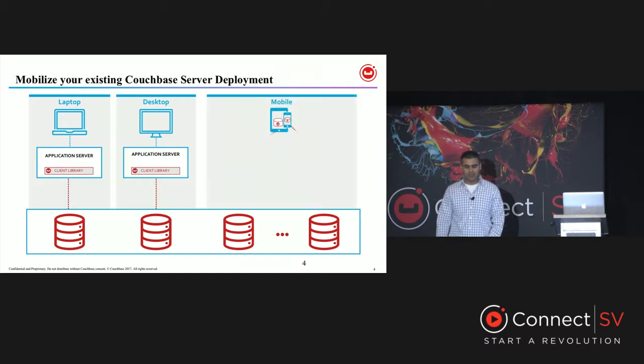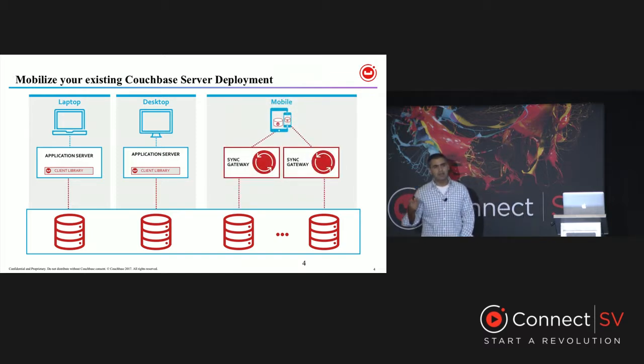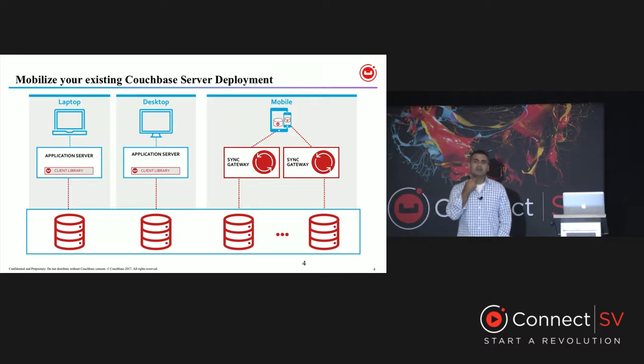You bring mobile into the mix, and then you have mobile clients that have an embedded Couchbase Lite database. That's the instance of our full-featured NoSQL database on devices. Your mobile application is interacting with Couchbase Lite, which then transparently synchronizes or replicates data back to Couchbase Server.